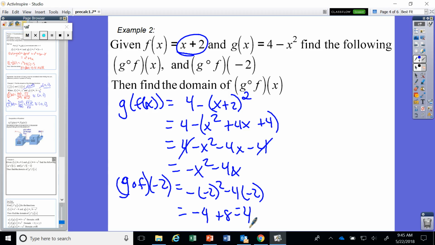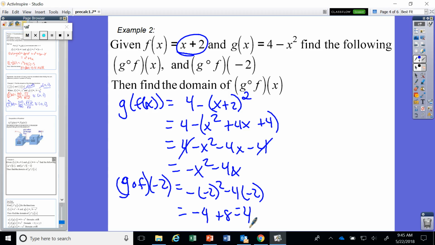Now let's take a step back and look at the domain here. Remember, the domain was the set of all x in f such that f is in g. All right. Well, in an example like this, the domain of f is all real numbers. So we have negative infinity to infinity. Well, what about for g? Once again, we have all real numbers in there.